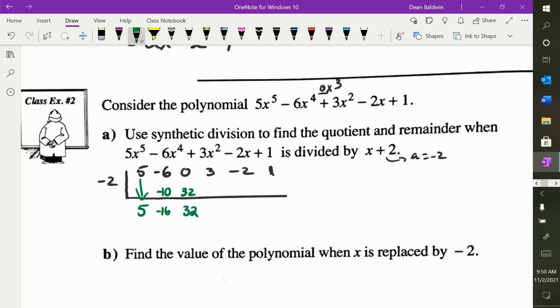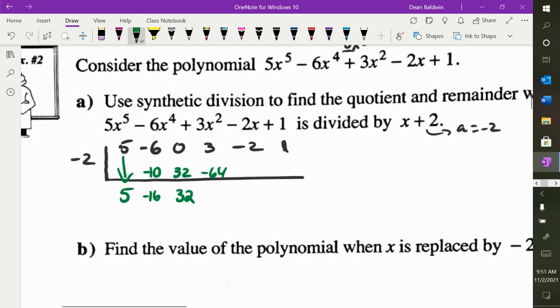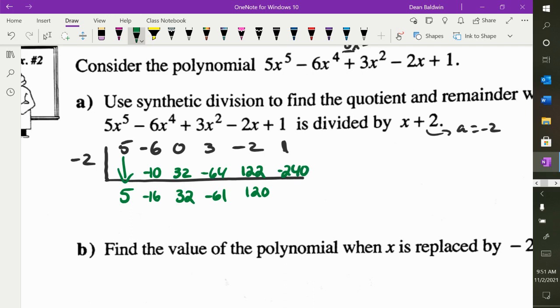Times -2 again. 122? 120? Times -2 is -240. Add it to 1, you get? That's your remainder.